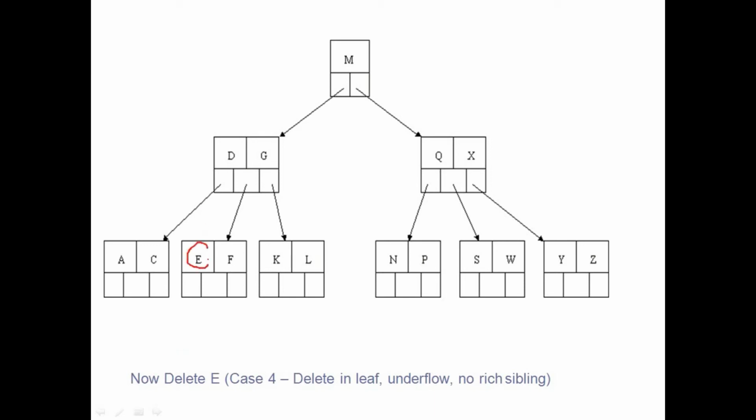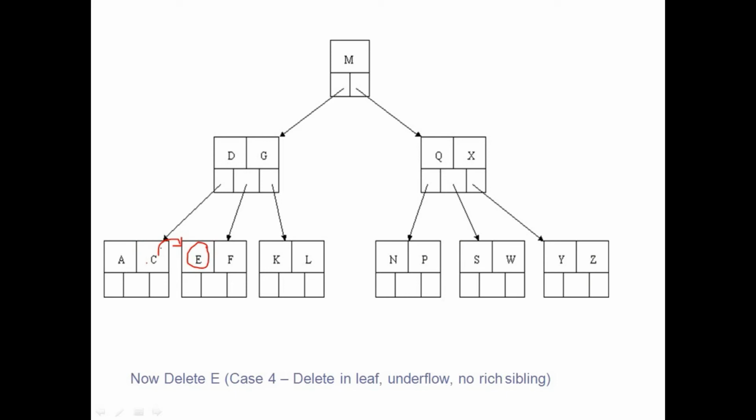You have to delete this particular E. So delete in a leaf with underflow and no rich sibling means what? All the siblings are poor siblings. Why are they poor? Because if you borrow one of the keys from a sibling, there will be underflow at the sibling, so it is not possible.